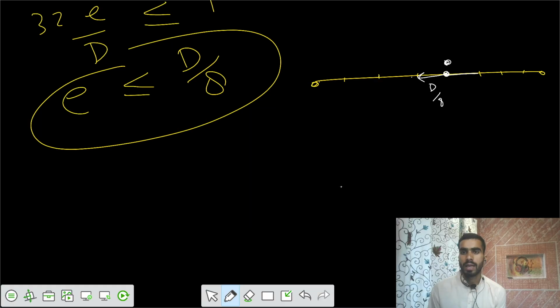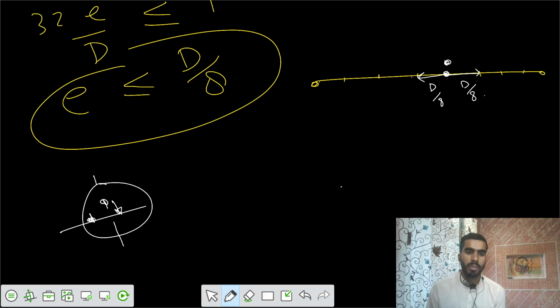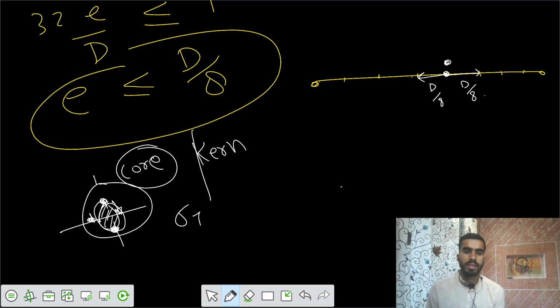And from the other side also you can go to a maximum value of D by 8, because for our case we took that E should be from this side. It can be on this side also. So there will be development of that circle. We call it a core, or also a kern, where sigma tensile net is equal to 0. So if I join those points, there is development of that circle, what we call the core.